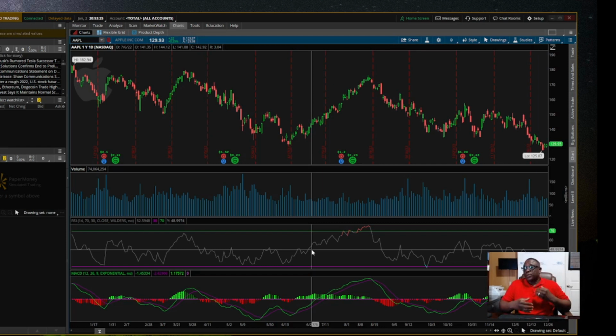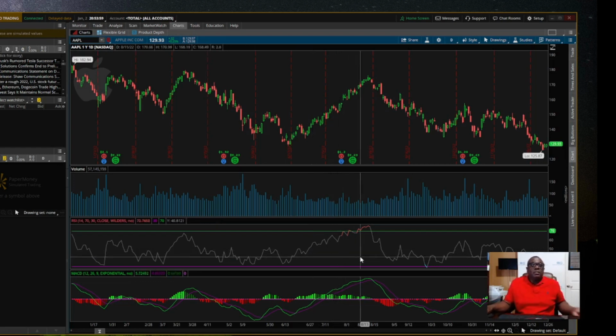So it measures the price strength, and it's a technical indicator that is commonly used to identify whether the stock is overbought on the high side or if it's oversold on the low side. This RSI ranges from 0 to 100, with readings above 70 indicating overbought conditions and readings below 30 indicating oversold conditions.